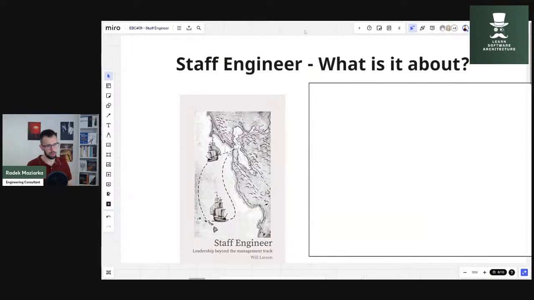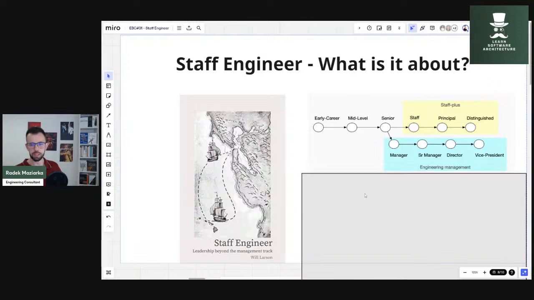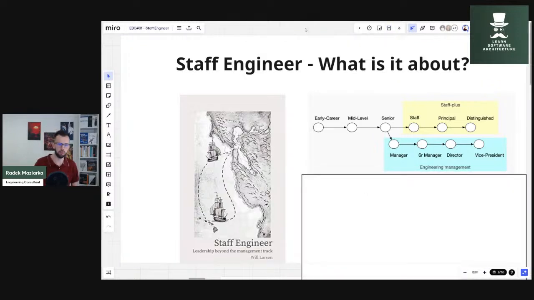So what is this book about? This book describes a distinct role within organizations. At some point, organizations came to the realization that there shouldn't be only one way to promote people.